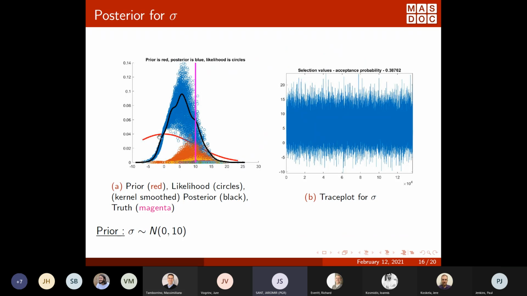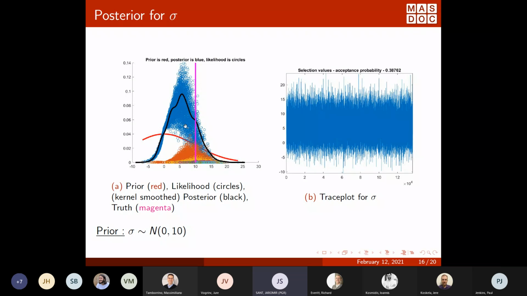This full red line is our prior. The circles here are the likelihood. I'll go into the color coding in a minute. The posterior is this kernel, so this black line is the kernel smoothed posterior, and this pink line is the true value of sigma.